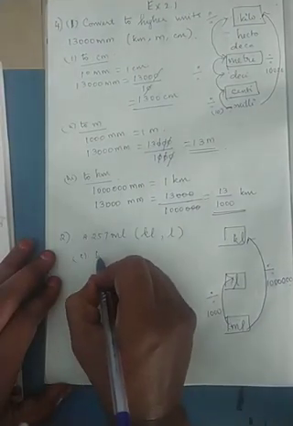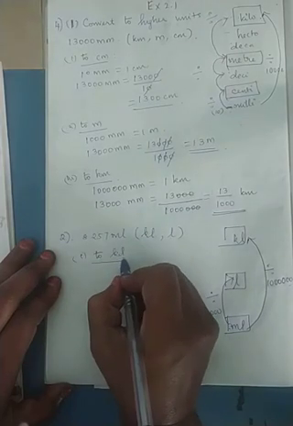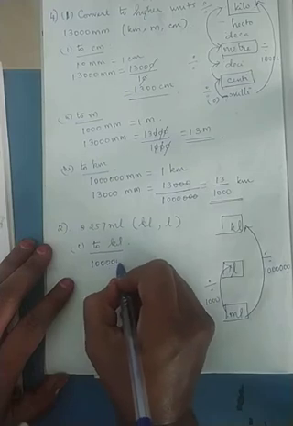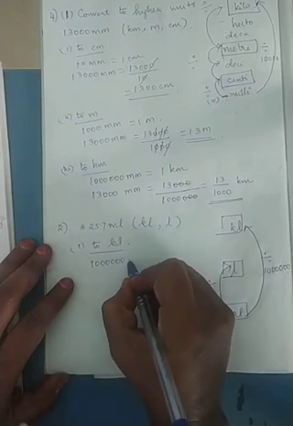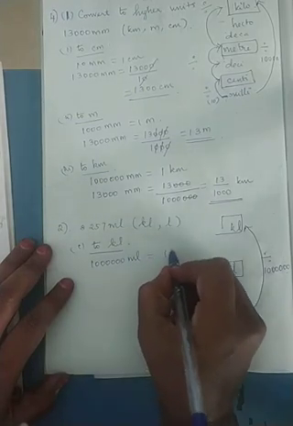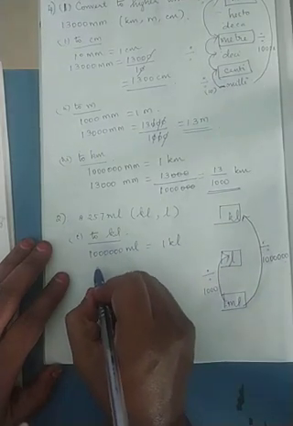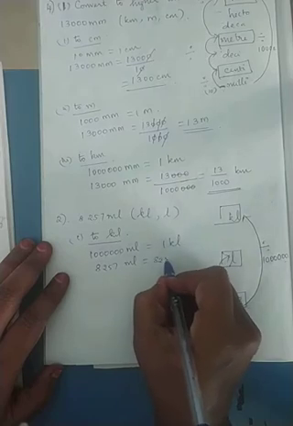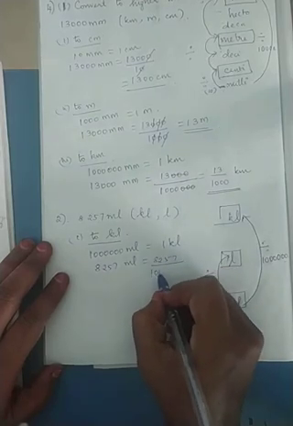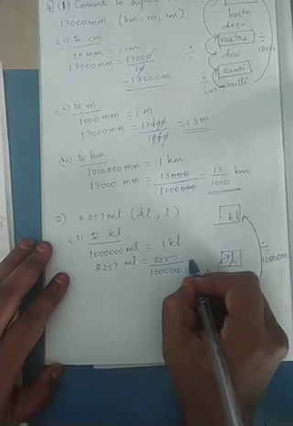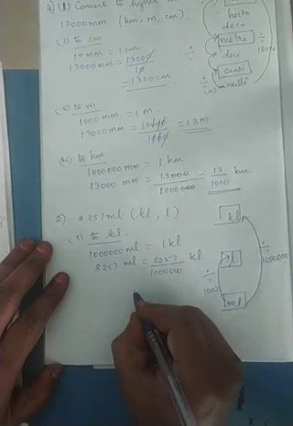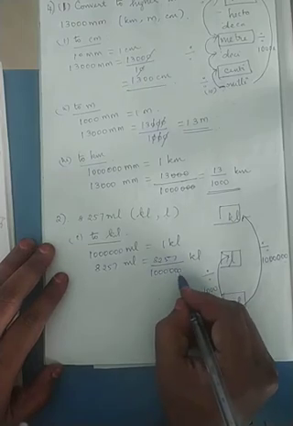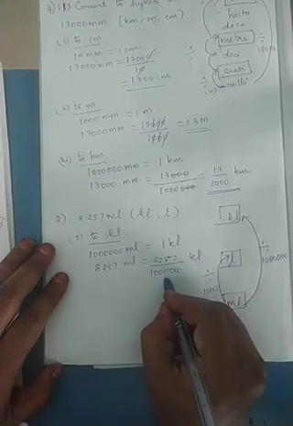Now first one kiloliter. We know 1 followed by 6 zeros milliliter is equal to 1 kiloliter. Therefore 8257 milliliter is equal to 8257 divided by 1 followed by 6 zeros, and write kiloliter here. I can leave it directly like that, or I can count the numbers. 6 zeros are there.